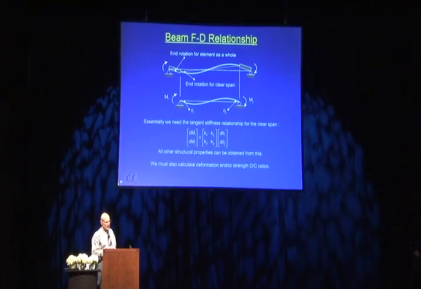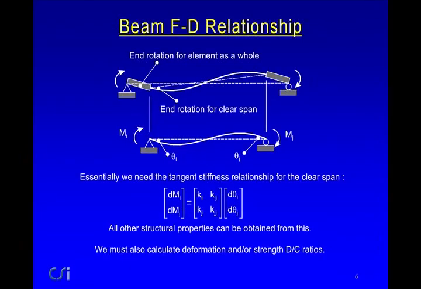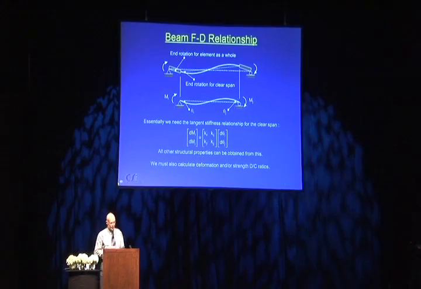And the end rotation for the clear span is rather different numerically from that for the beam as a whole, but that's just a detail. And there's going to be some relationship like this. It's a matrix. It's no longer a single stiffness value, but if there's some increment in rotation, there'll be some corresponding increment in moment, and this will be governed by some tangent stiffness values. Once we've got this, we can get all the other structural properties from that.